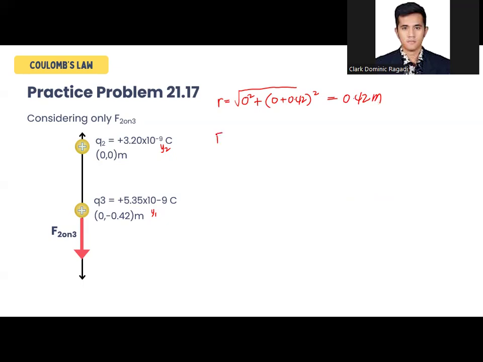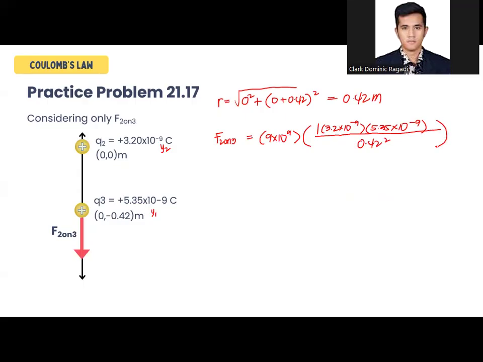Again, F2 on 3 is the force exerted by charge 2 on charge 3. F2 on 3 is equal to K, 9 times 10 to the power of 9, times our charges. Q2 is 3.2 times 10 to the power of negative 9, and Q3 is 5.35 times 10 to the power of negative 9, all over the distance 0.42 squared.